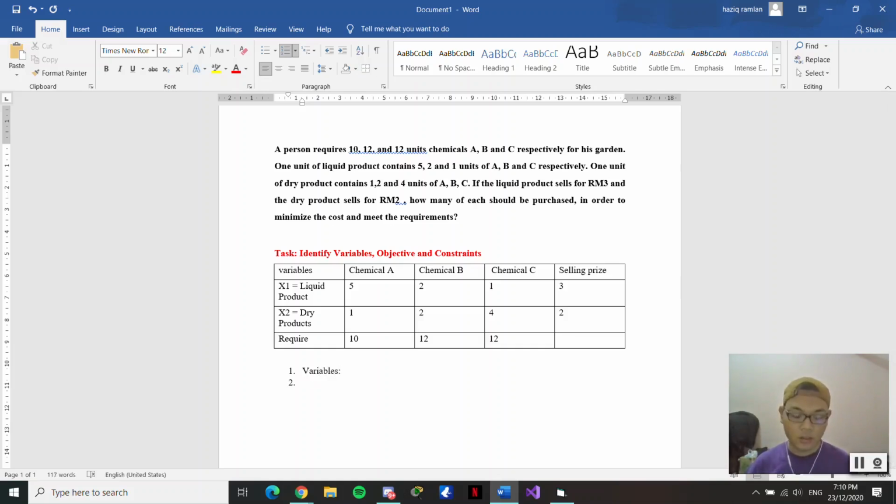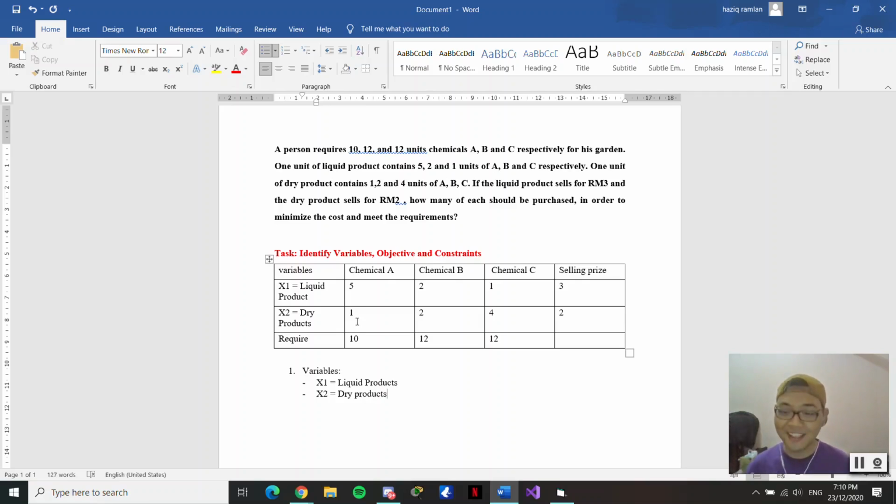For x1 we have liquid products, and then x2 we have dry products.